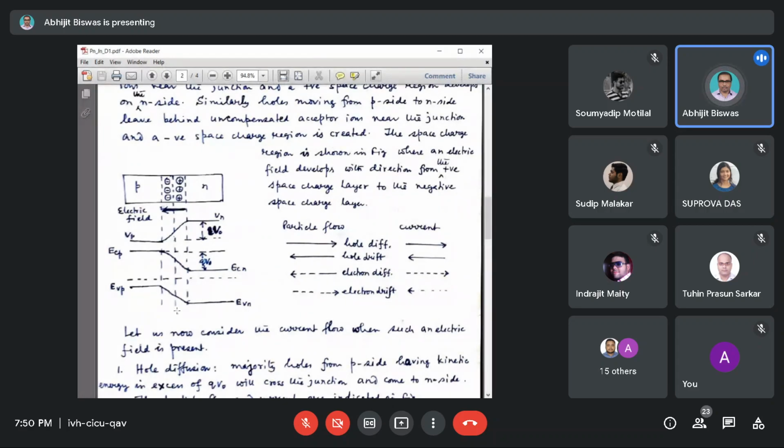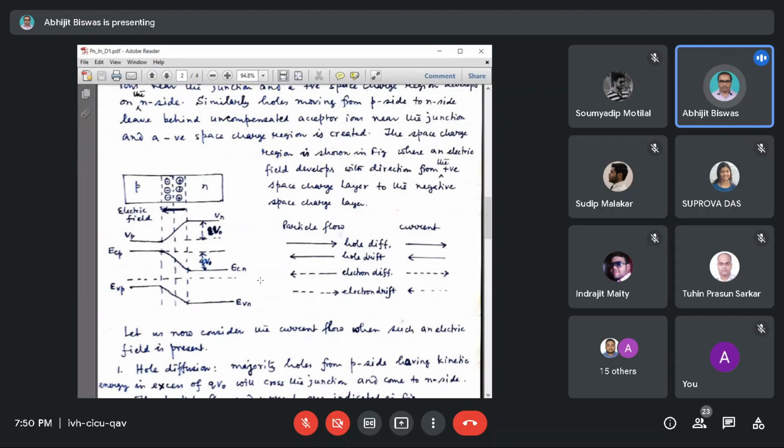Just observe the left hand side figure at the bottom. The difference ECP minus ECN, this energy difference, is Q times the contact potential. If we consider the potential profile, this difference Vn minus Vp is the contact potential.